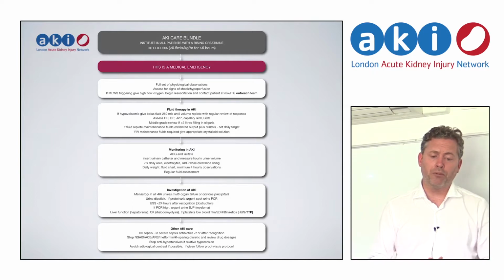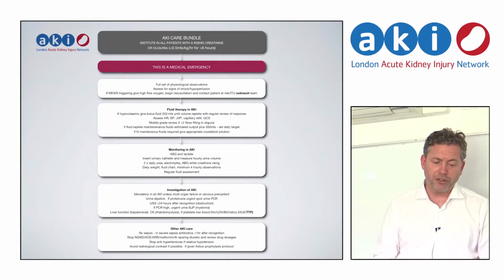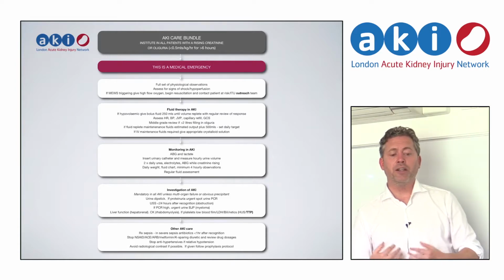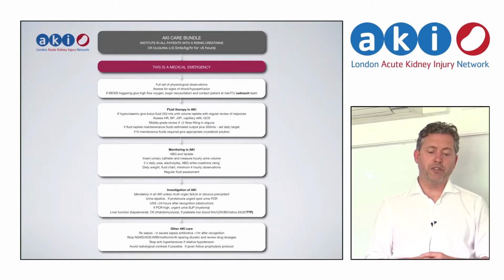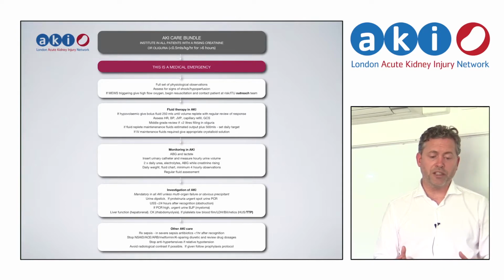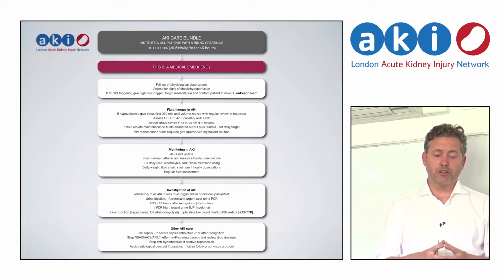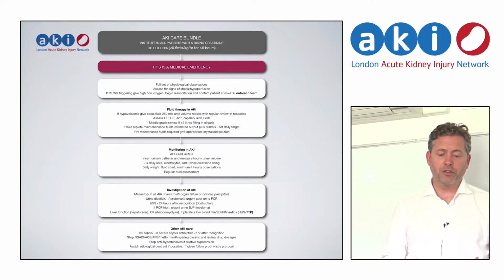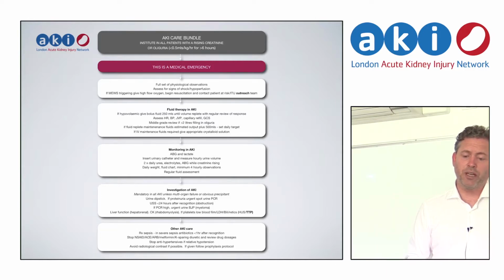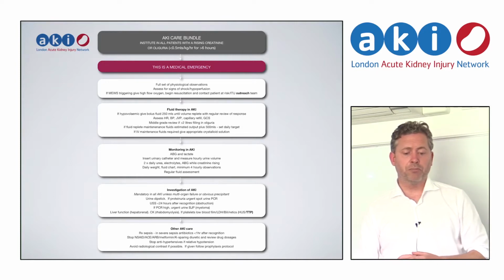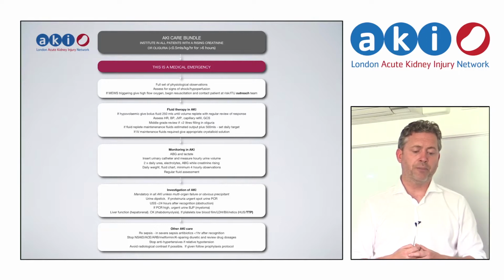But certainly for a 1.5 times rise, we would say we need to activate a clinical response, and this is a medical emergency. So such patients with significant AKI need a full set of physiological observations. We should do a circulatory assessment. If they're triggering physiologically, they should have oxygen, resuscitation should begin, and where possible, if we have outreach systems in place, they should be contacted.